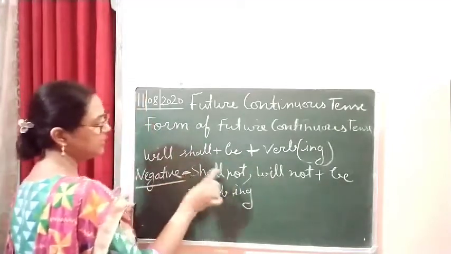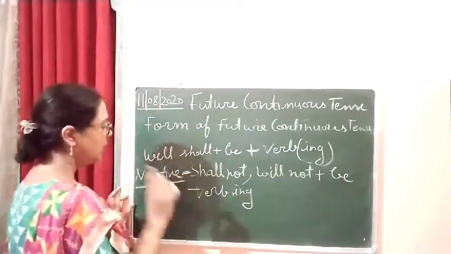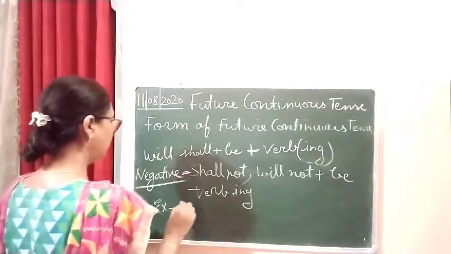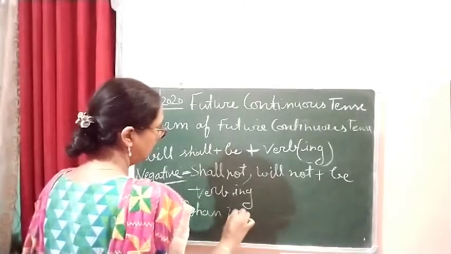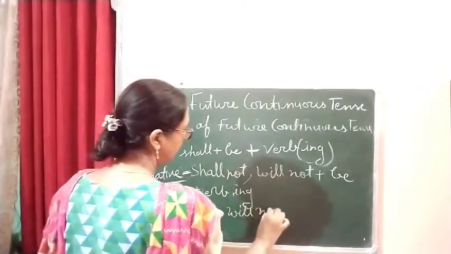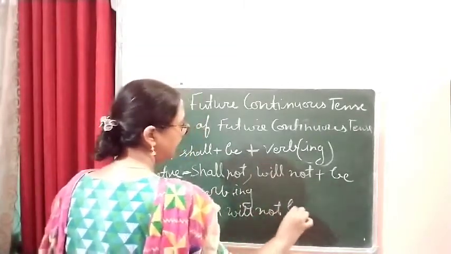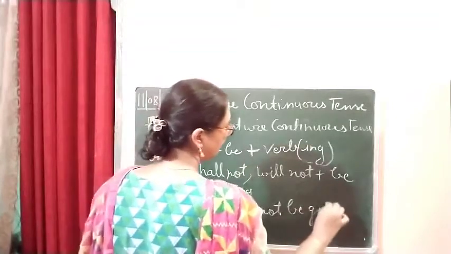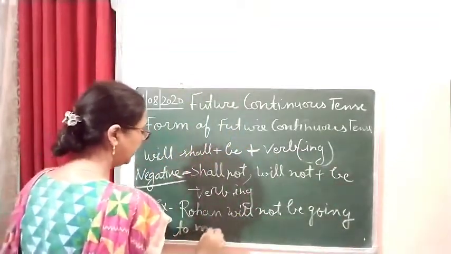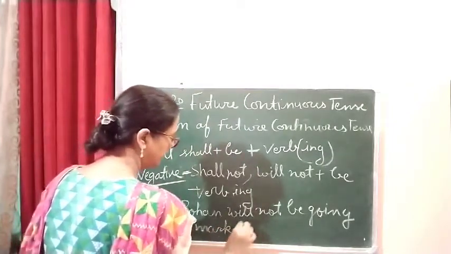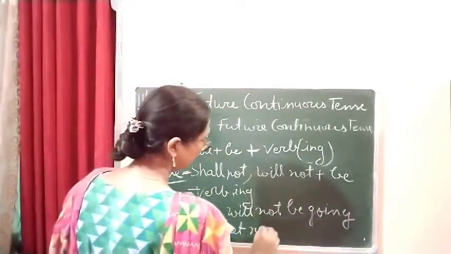In negative sentences, we are supposed to use it. Now, for example, I am going to give you: Rohan will not be going to market next week.